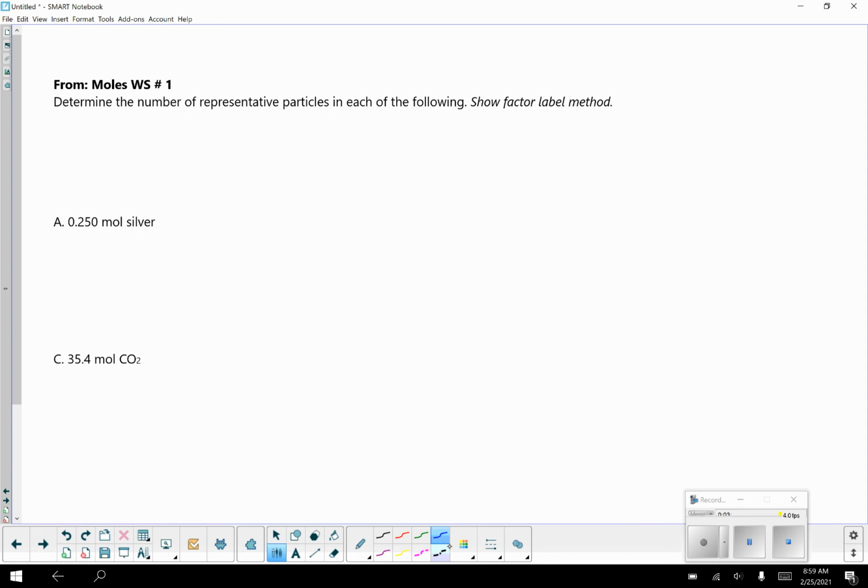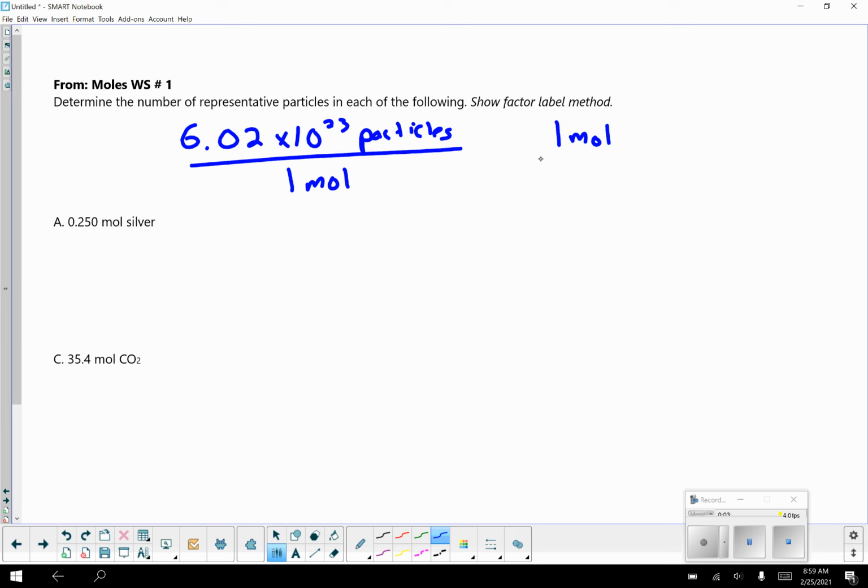Our conversion factor from moles to particles is going to be 6.02 times 10 to the 23rd particles per 1 mole. That can also be reversed, and you could say 1 mole has 6.02 times 10 to the 23rd particles, depending on which way you're converting, whether you're going from particles to moles or moles to particles.